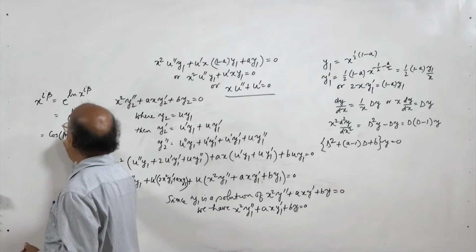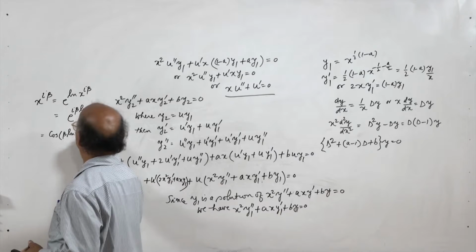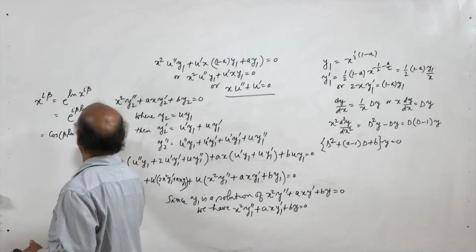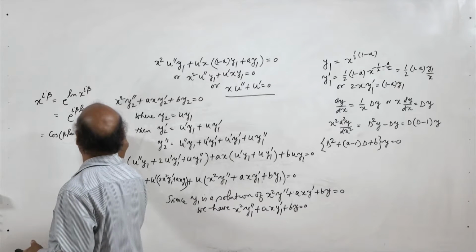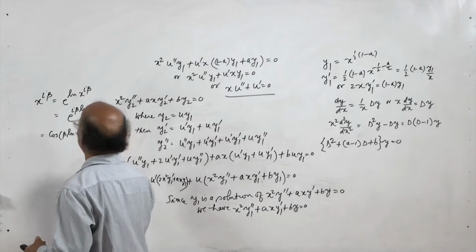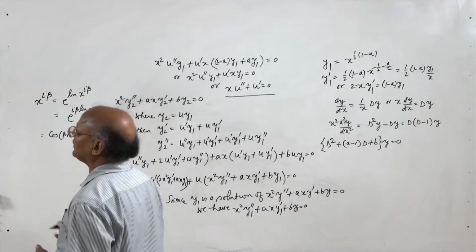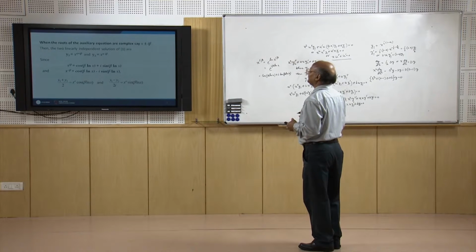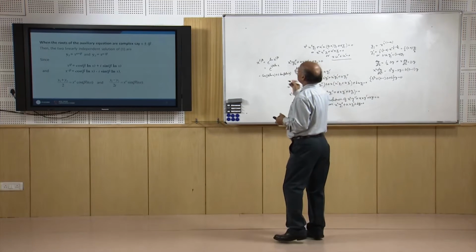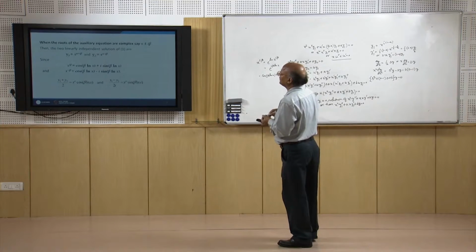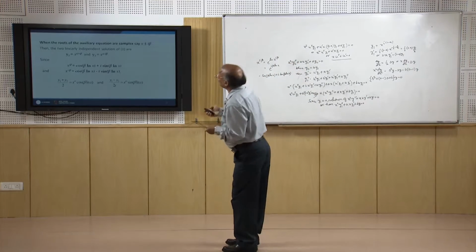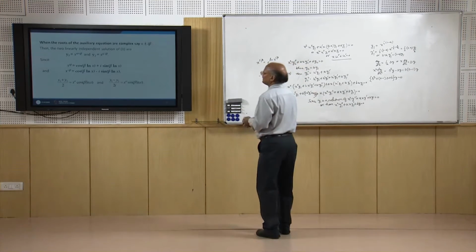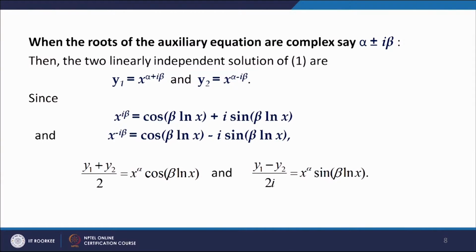So cos beta ln x plus I sin beta ln x we shall have. So x to the power I beta will be cos beta ln x plus I sin beta ln x. Likewise x to the power minus I beta is equal to cos beta ln x minus I sin beta ln x.